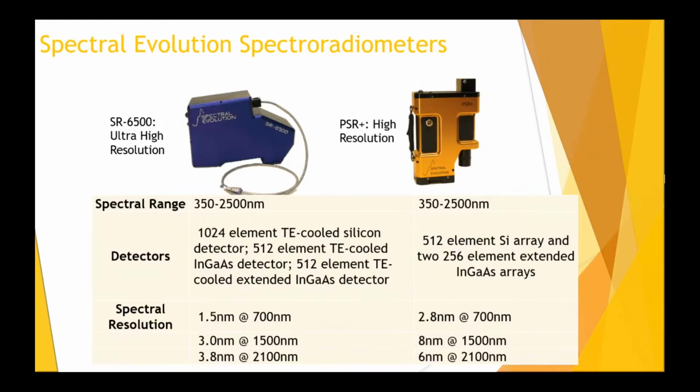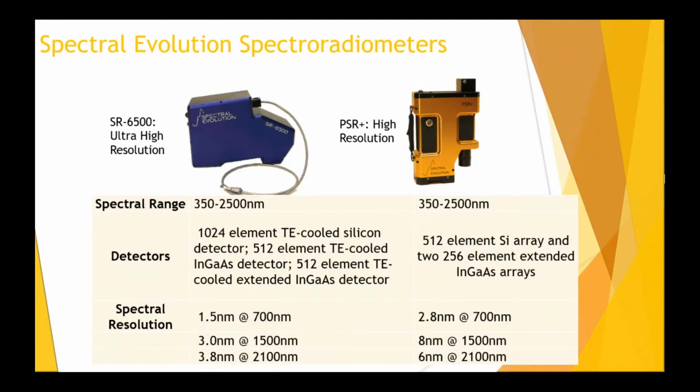So the 6500 on the other hand is what I'll consider in this webinar as the ultra high resolution spectroradiometer. And what makes this instrument so unique is that it is the highest resolution field operational spectroradiometer currently on the market, with a spectral resolution of 1.5 nanometers in the UV-vis and 3 nanometers for the SWIR-1, as well as 3.8 for the SWIR-2.